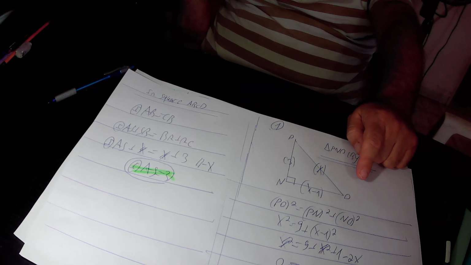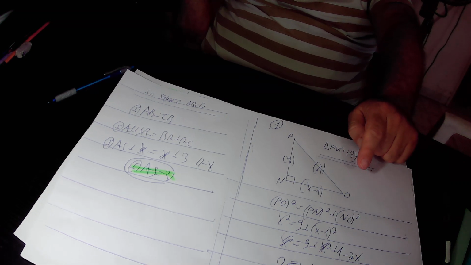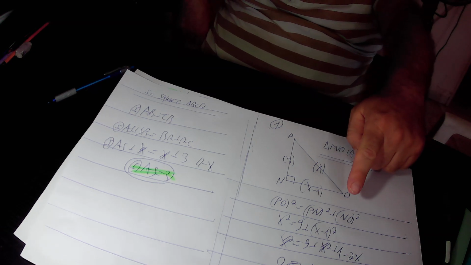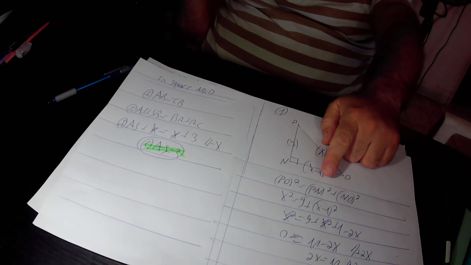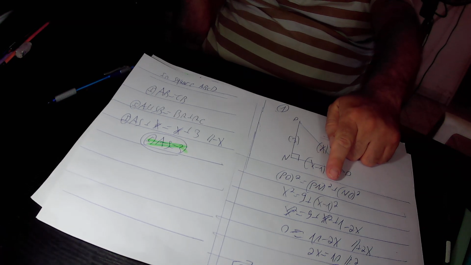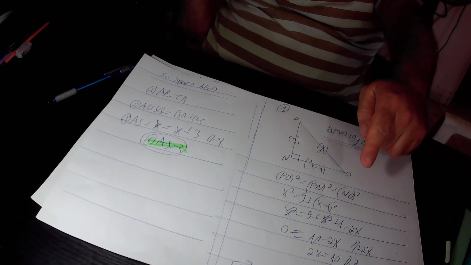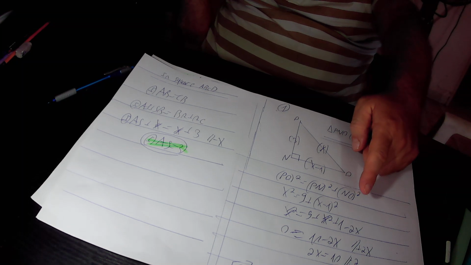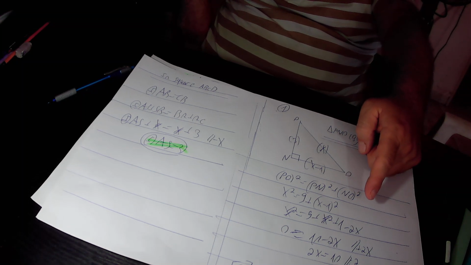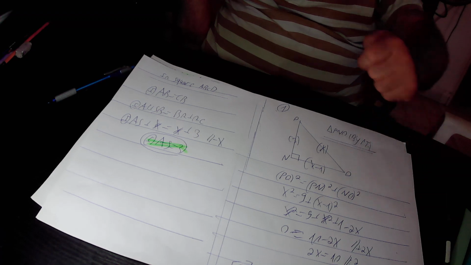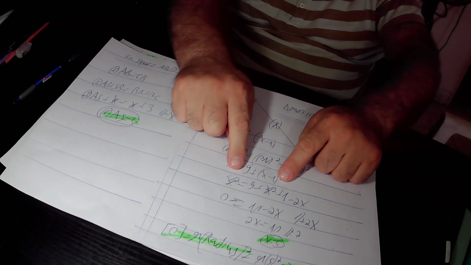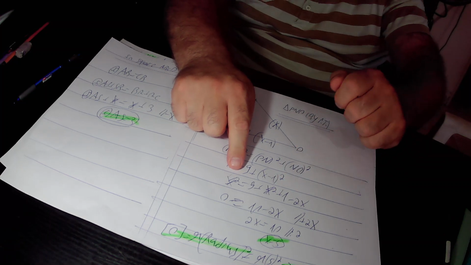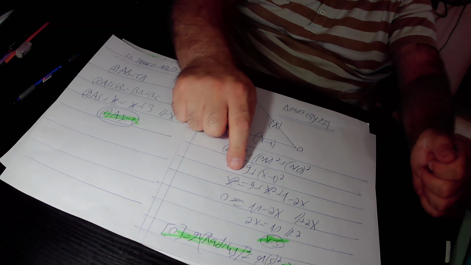So in total, according to the Pythagoras theorem, X squared equals 9 plus X minus 1 squared. X minus 1 squared equals X squared plus 1 squared, that is 1, minus 2 times X times 1. This is minus 2X. Here we have X squared on both sides of the equation, so X squared gets cancelled. This side of the equation is left with 0.